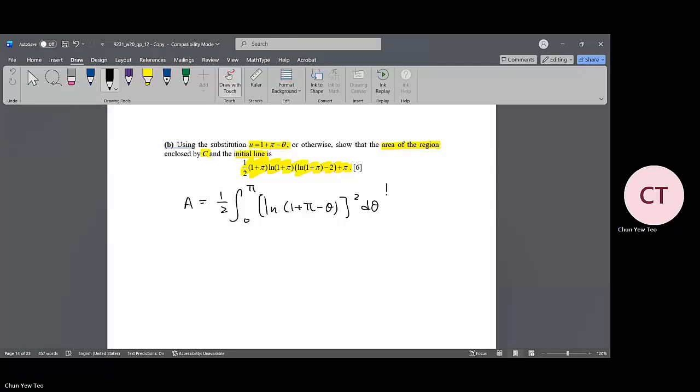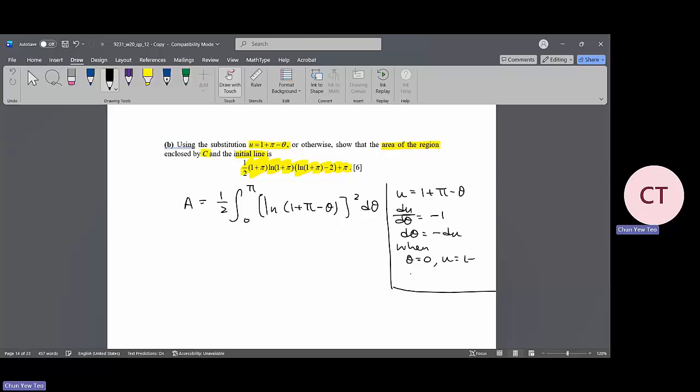We are required to use u equals 1 plus pi minus theta as a substitution. You need to find du d theta, and you get d theta is negative du. Then when theta is equal to 0, your u will be 1 plus pi, and when theta is equal to pi, your u will be 1.